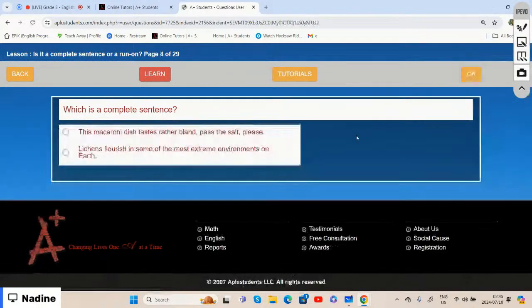All right, let's do the last one. It says, which is a complete sentence? The macaroni dish tastes rather bland. Pass the salt, please. Or option two, lichens flourish in some of the most extreme environments on Earth.